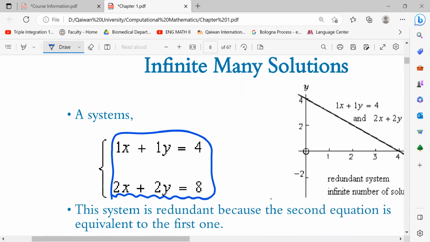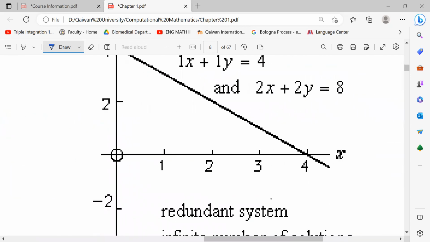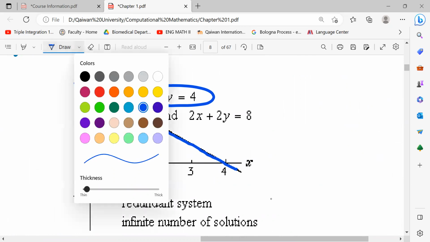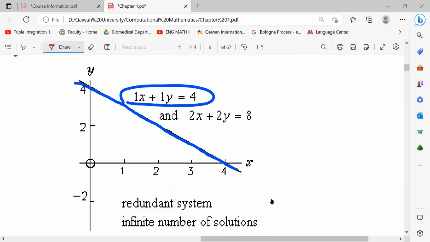Look, the graph of the first equation, 1x plus 1y equals 4, is this line. This is the graph of that equation. And the graph of 2x plus 2y equals 8 is the same line.